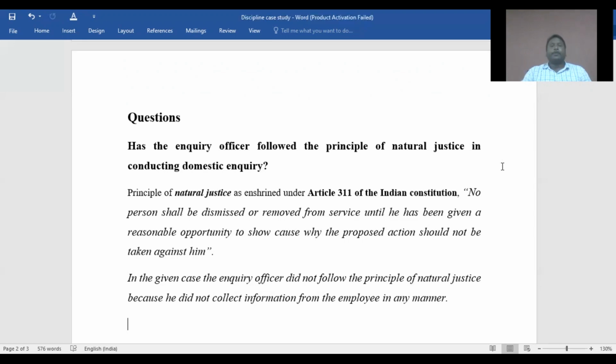Now, if we see this principle of natural justice, this concept is enshrined under Article 311 of the Indian Constitution. It says that no person shall be dismissed or removed from service until he has been given a reasonable opportunity to show cause why the proposed action should not be taken against him.